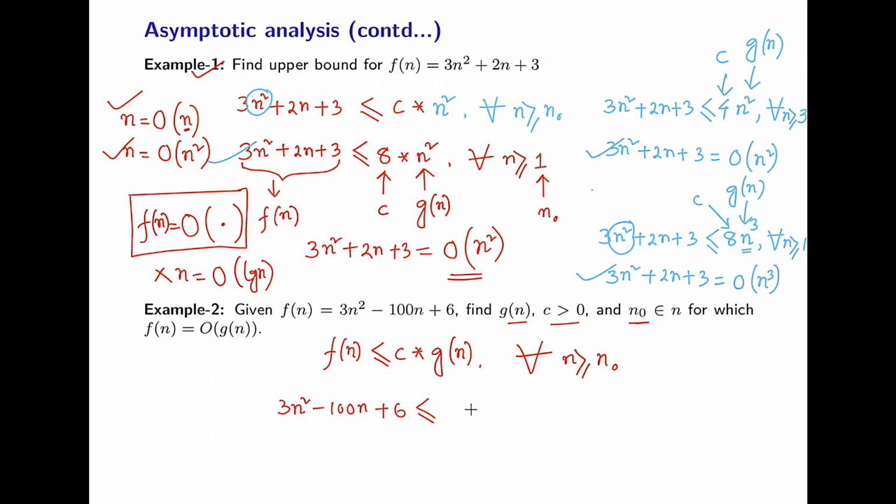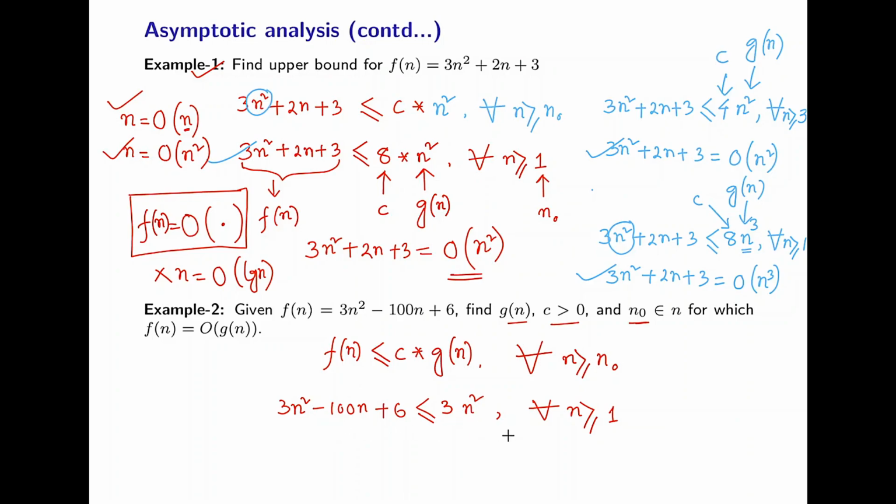less or equal than some constant. So here let's say, for example, I am writing 3, and I am writing, let's say, the highest order term, n square. Okay. So is this true for all values of n greater than or equal to 1? Yes, it is true, because you see something is getting subtracted here from 3n square, but here we are not going to subtract anything.